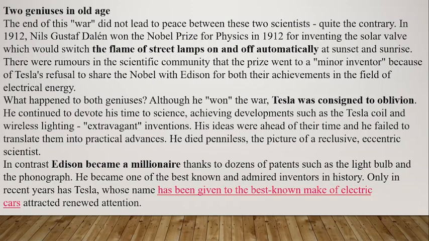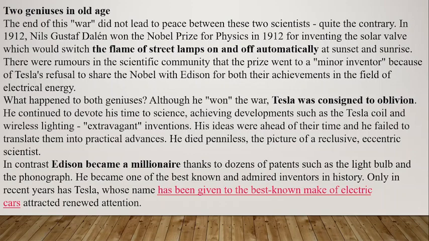What happened to both geniuses? Although he won the war, Tesla was consigned to oblivion. He continued to devote his time to science, achieving developments such as the Tesla coil and wireless lighting, extravagant inventions. His ideas were ahead of their time, and he failed to translate them into practical advances.